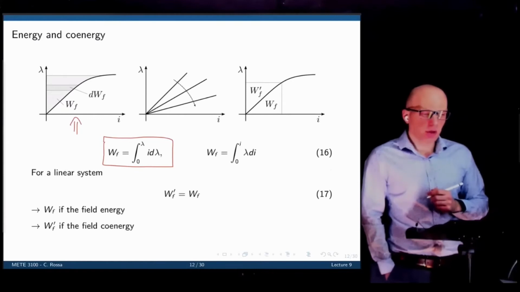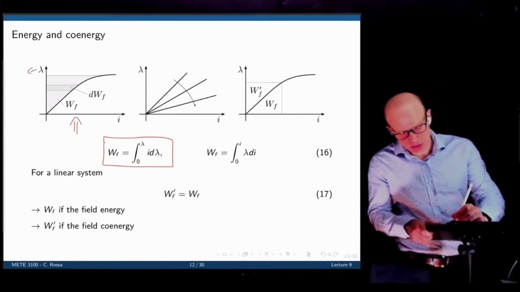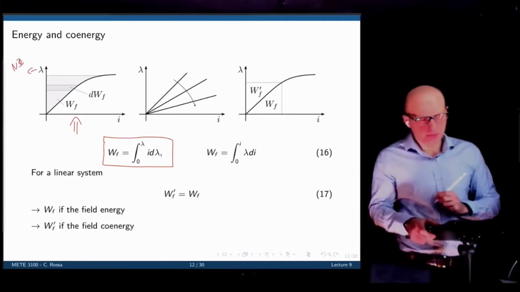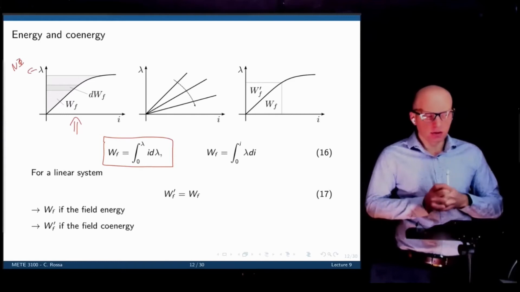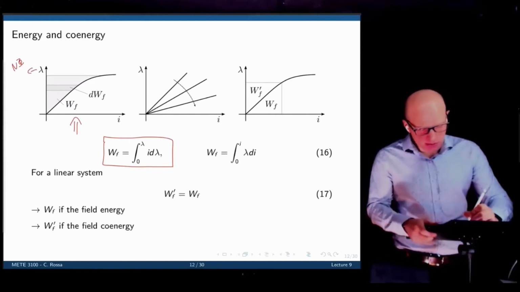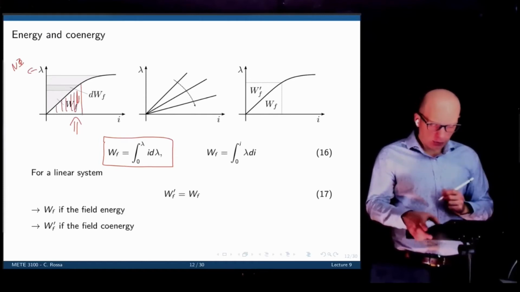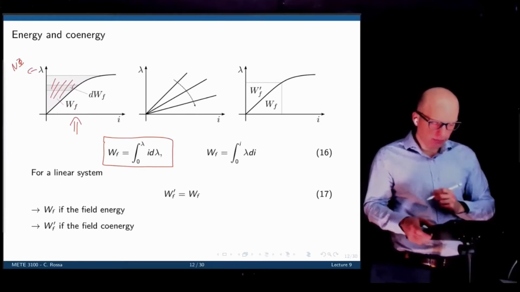Lambda and I. Remember that lambda here is N phi. So we apply a current, we establish a magnetic flux times the number of turns. This integral simply represents the area under this curve. If you're doing the integral of I d phi, then the area is here on top of it.